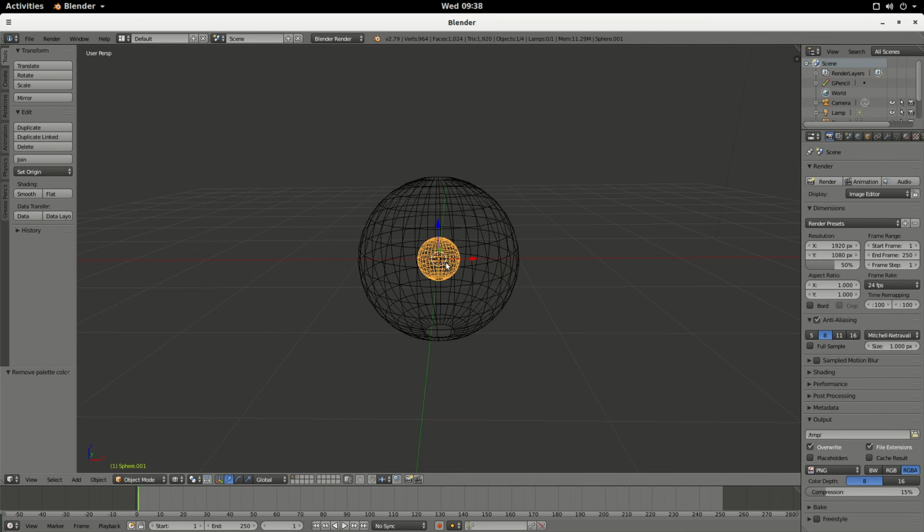Okay, so as you can see right here, since this is the wireframe view, we have a scaled version of the sun. If the sun has radius 1 unit, this has a much smaller radius, let's say 0.2 units. So that's a scaling effect.